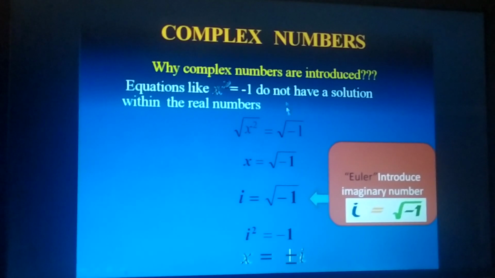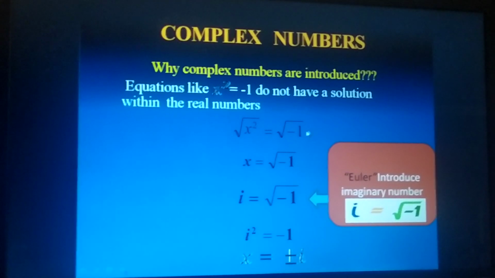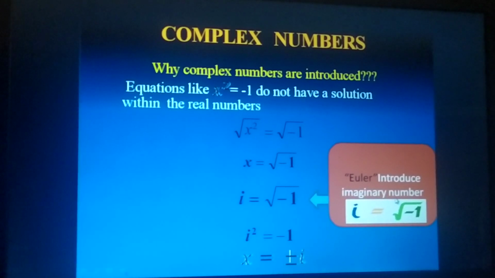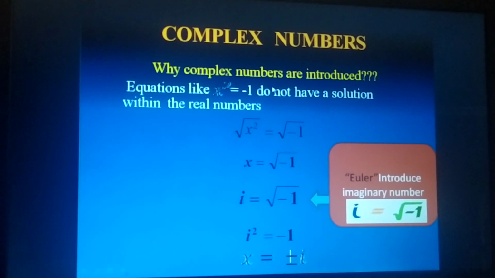So we can write under root minus 1 as i, and we have the solution x is equal to plus or minus i. Before the introduction of the imaginary number, we did not have a solution of such equations, but after introducing the imaginary number, we can have a solution.